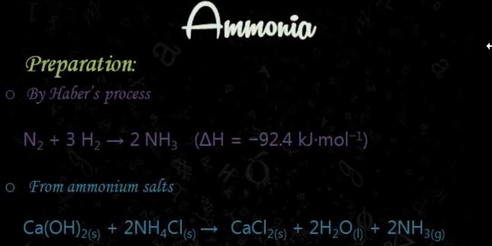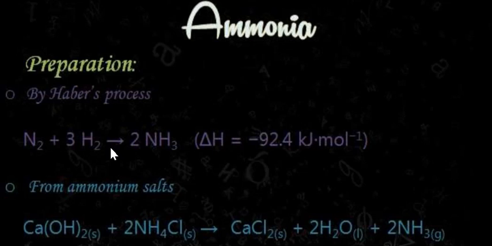First preparation of ammonia is Haber's process. On large scale, ammonia can be prepared by Haber's process by the reaction of nitrogen and hydrogen. It gives ammonia gas.